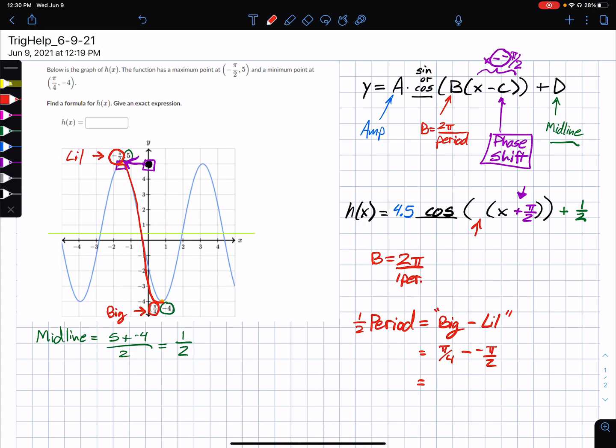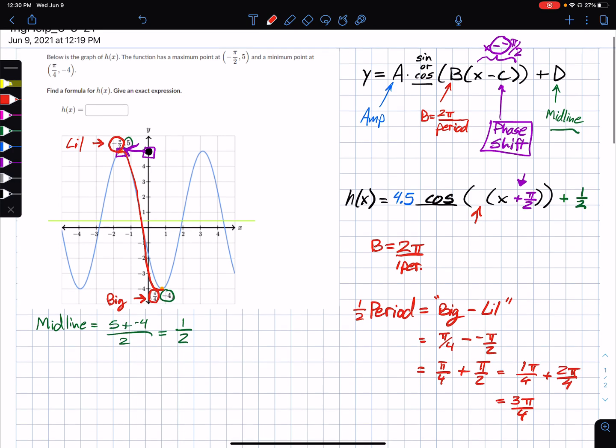And it'll be a double negative. So we have pi quarters plus pi halves. We're pretty familiar with quarters and halves. You could think of this as 1 pi quarter plus 2 pi quarters. Which is just getting a common denominator there. So really we have 3 pi fourths, 3 pi quarters. That is 1/2 of the period.